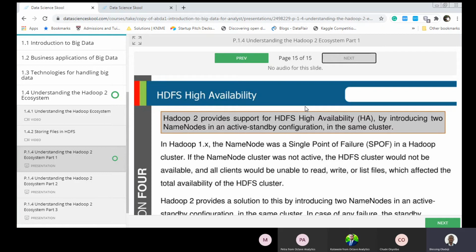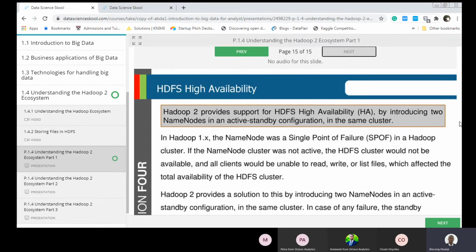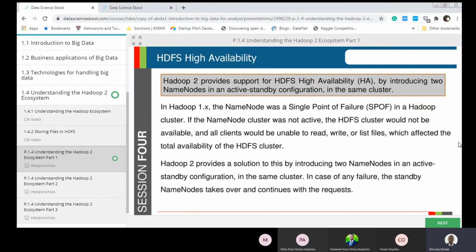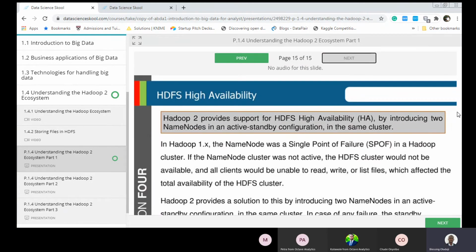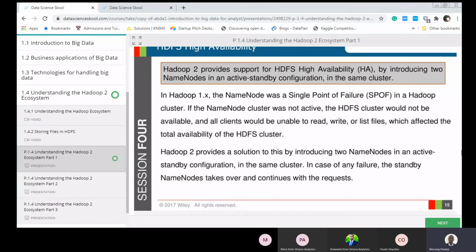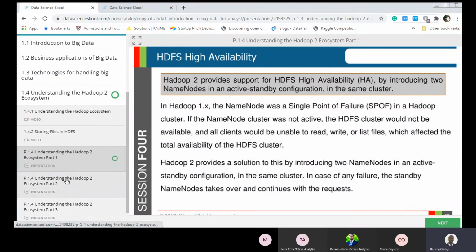So if it went down, it is likely not coming from the software itself. It's maybe coming from how the implementer implemented it. Okay, so that is that on HDFS.